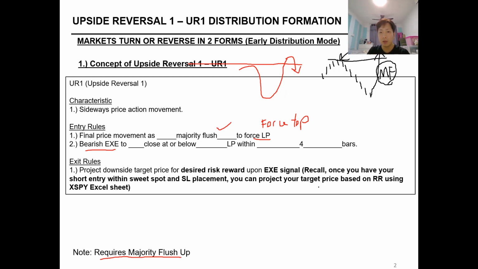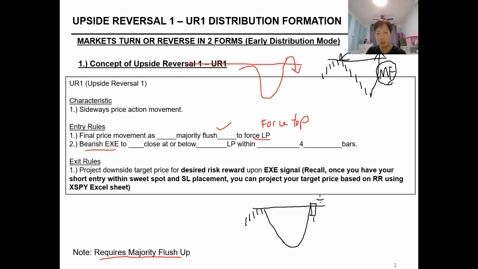Let me give you a conceptual illustration of what I mean by the EXE must close at or below the LP within 4 bars. Let's say there is a potential UR1 structure, and the first bar that goes above the LP we call the number 1 bar.